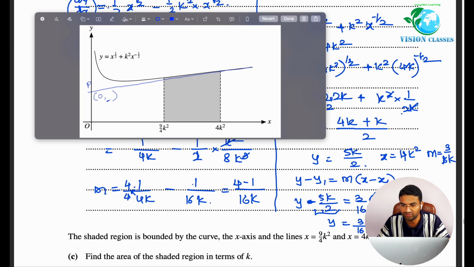Plus 5k upon 2. Then 4 times 4 is 16, and k square over k is just k, so we are left with negative 3k upon 4 plus 5k upon 2.